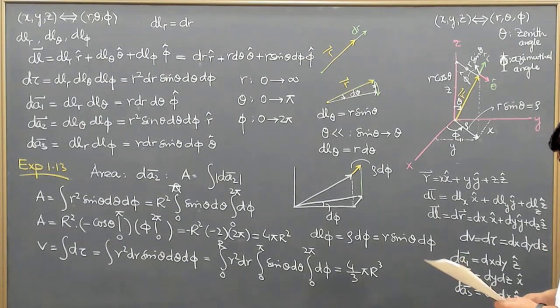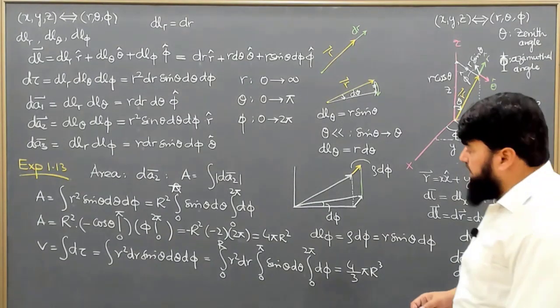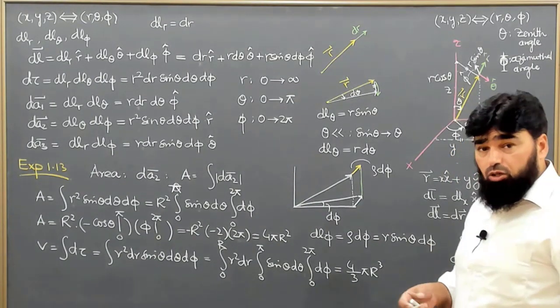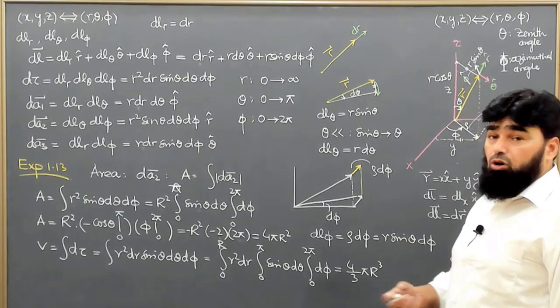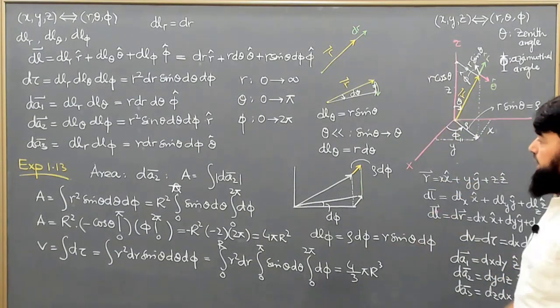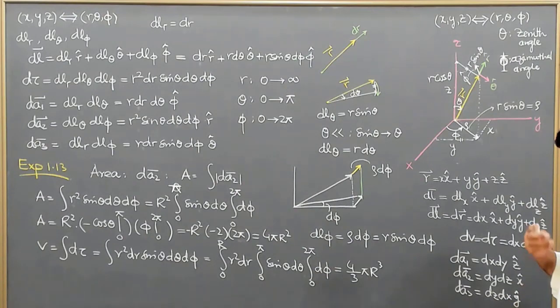Now we will write some more, like the conversion of the gradient, the divergence and the curl in spherical polar coordinates. I will erase this side and calculate the conversion.